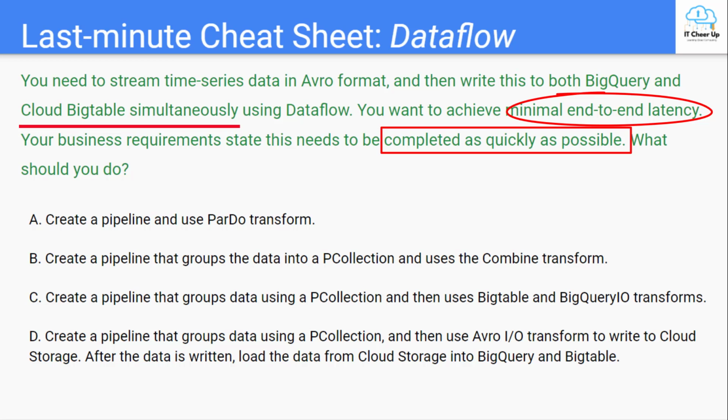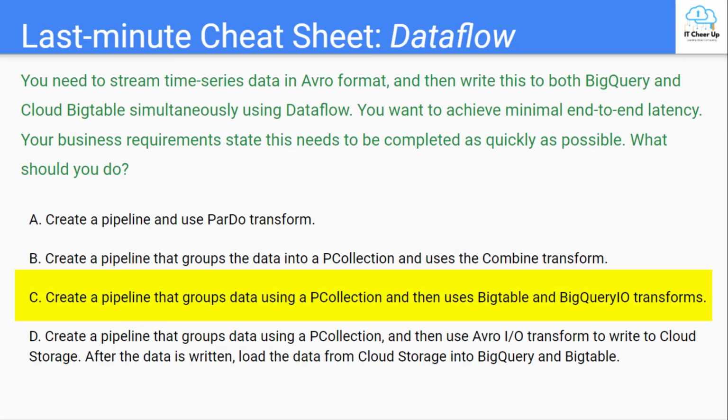You can use the Apache Beam provided Bigtable and BigQuery I/O transforms to complete the pipeline quickly, so you don't need to use Cloud Storage as an intermediary. Loading the data from Cloud Storage to BigQuery and Bigtable will increase the latency. So the correct answer is C.